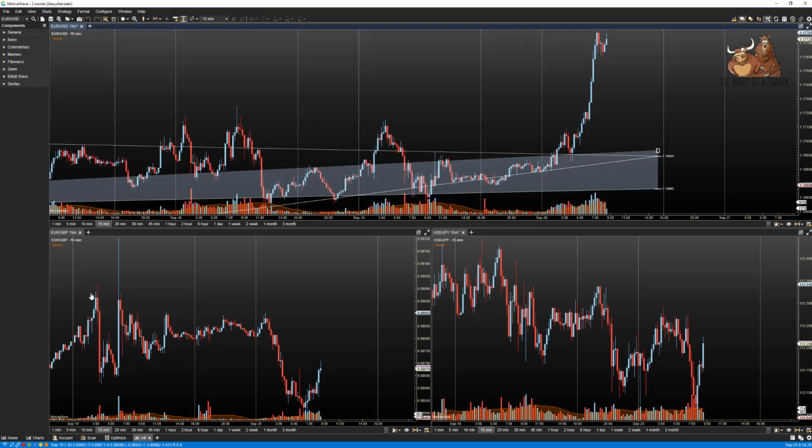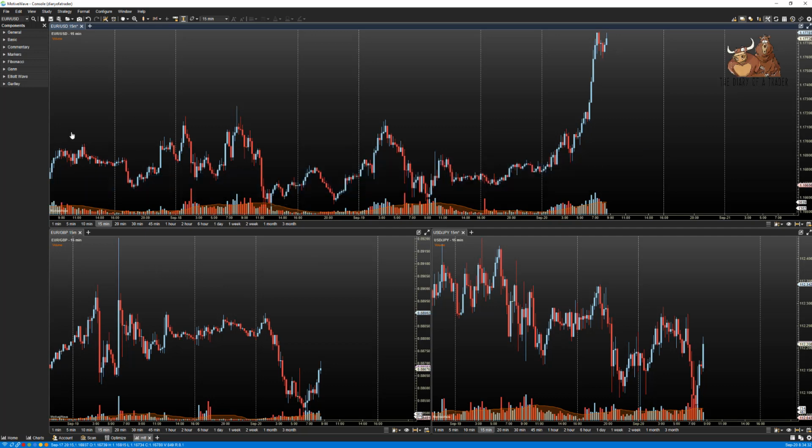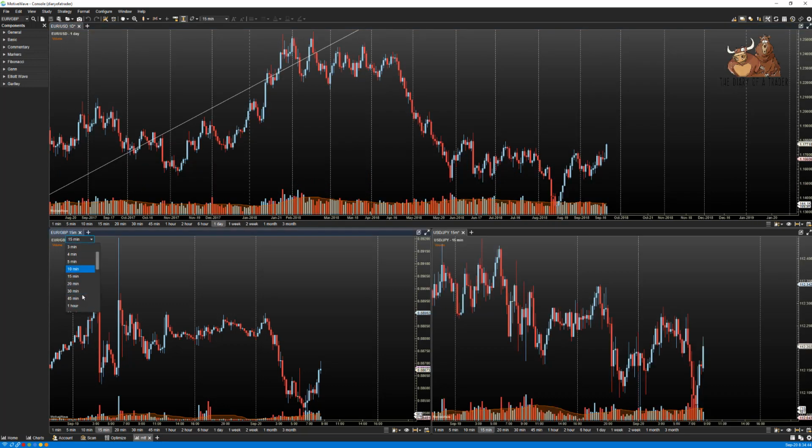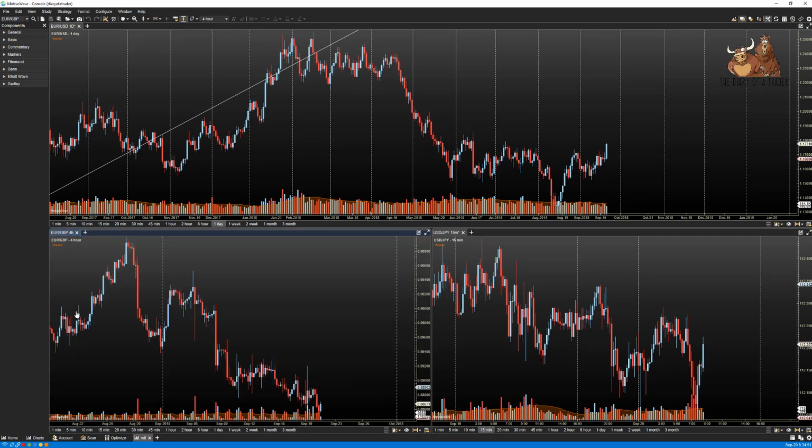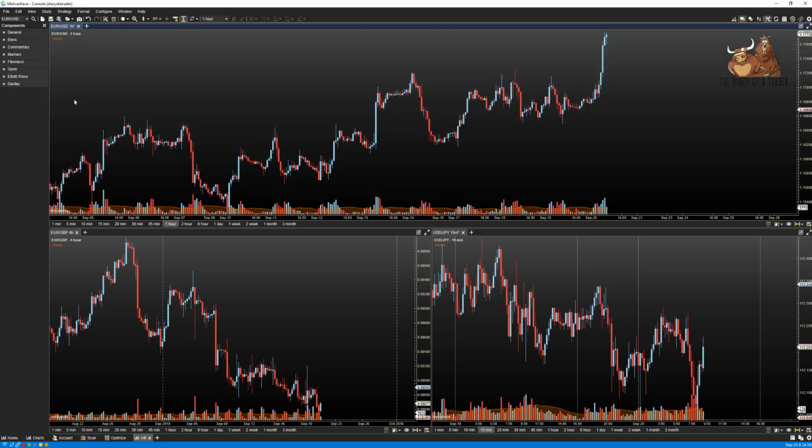So let's say I want to do a daily chart, and I want to do a 4-hour chart, and I'll do an hourly chart. I'll do the hourly up here and then the daily on the bottom right.